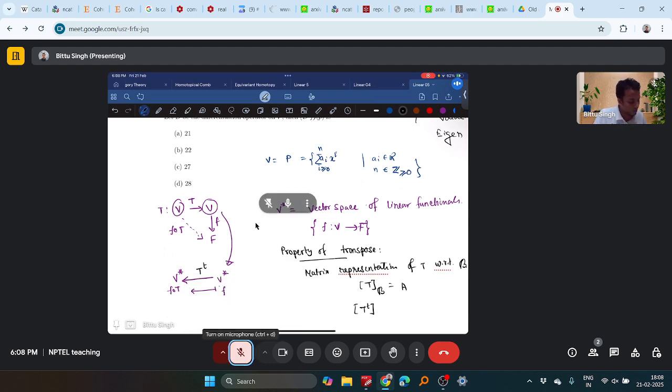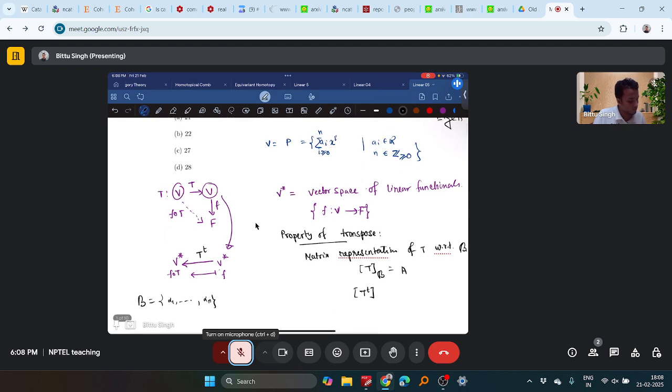The dual basis we already know, right? If alpha 1 up to alpha n is the basis B, then we get a dual basis B star.